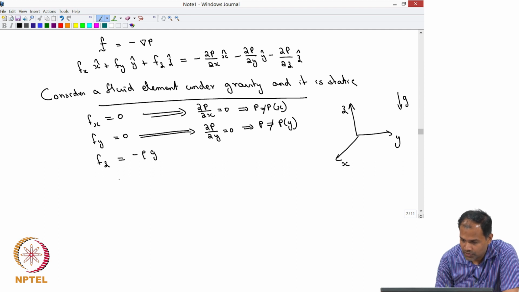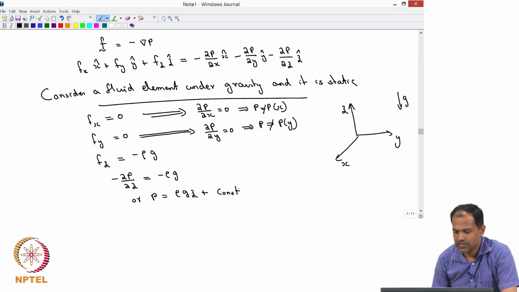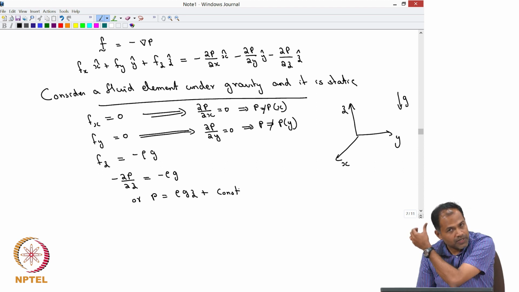So, that is what this tells you, that minus dou p by dou z is equal to minus rho g, or p is equal to rho g z plus a constant, which is determined by your boundary condition. p is equal to rho g z plus constant.